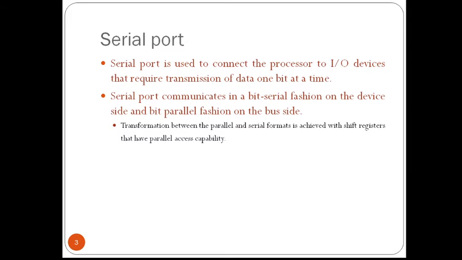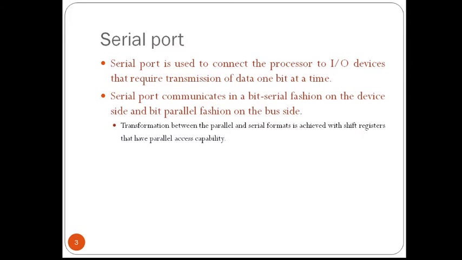So basically a serial port is used to connect the processor to IO devices that require the transmission of data one bit at a time. The key feature of this interface circuit for serial port is that it is capable of communicating in a bit serial fashion on the device side and in a bit parallel fashion on the bus side.